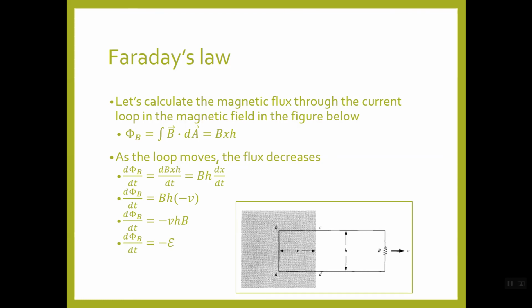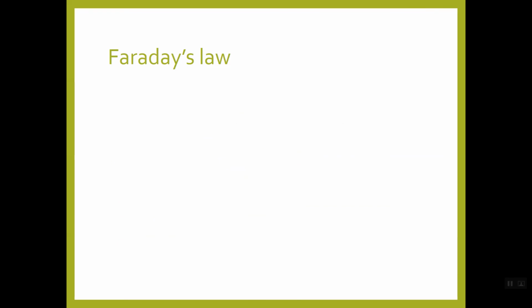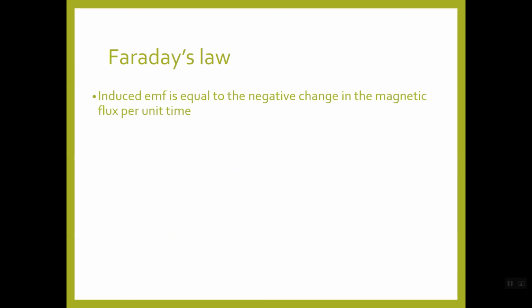And if you remember from our last set of lecture slides, vhB is just what we found for our electromotive force. So what we find is that the induced EMF is equal to the negative change in the magnetic flux per unit time.